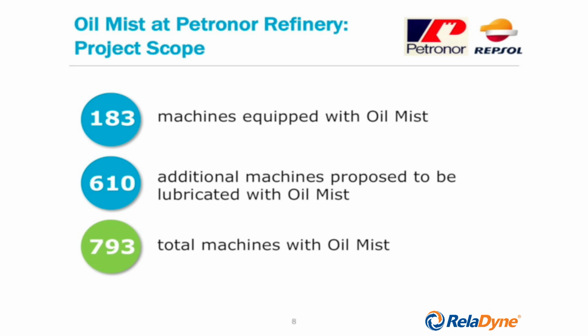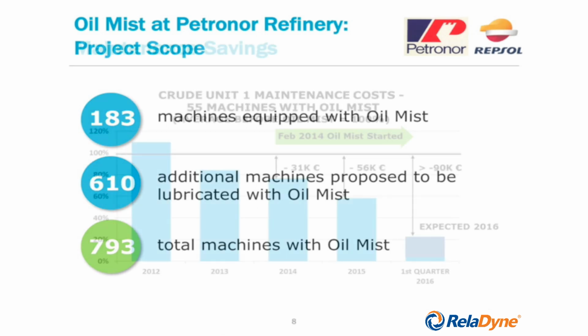So there will be, in the very near future, a total of 793 machines with oil mist. The Petronor refinery has gone through very rigorous cost justifications to identify the payback, the reason, and how we can easily justify going with oil mist.